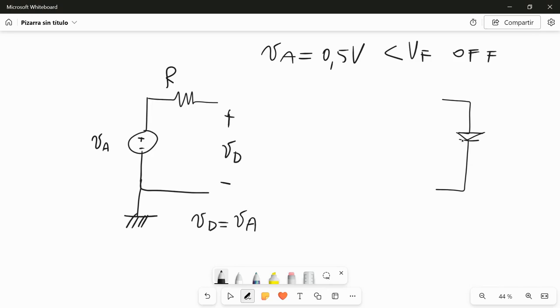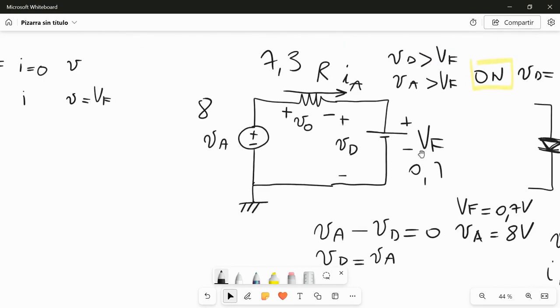Off means that instead of a battery, we can put an open circuit. Why an open circuit? This open circuit symbolizes that the current flowing into the diode is equal to 0. So this open circuit now represents this line here.